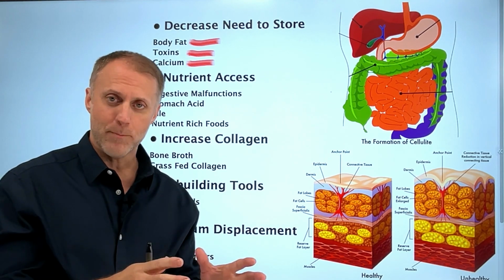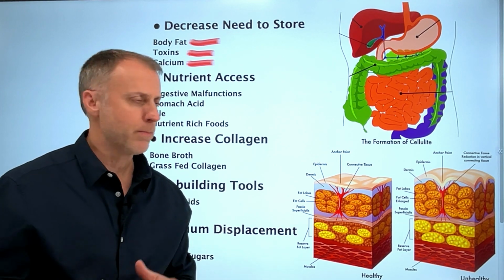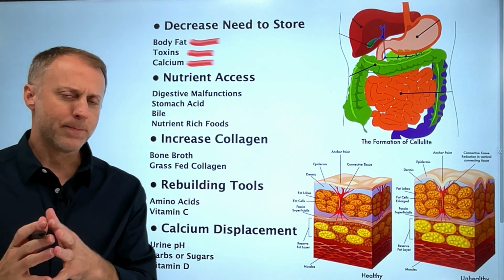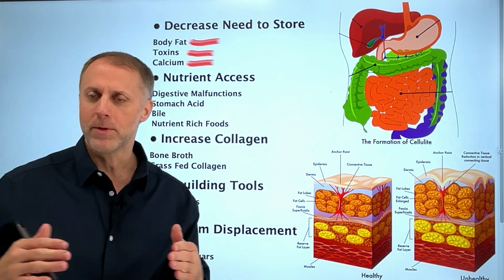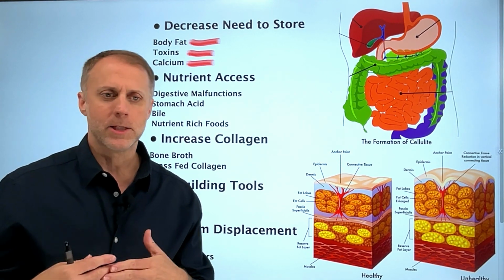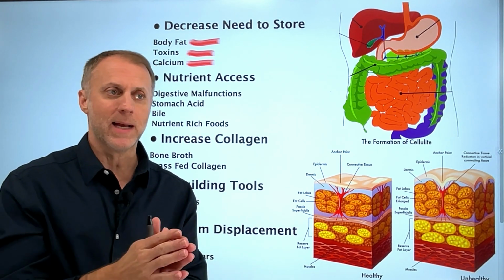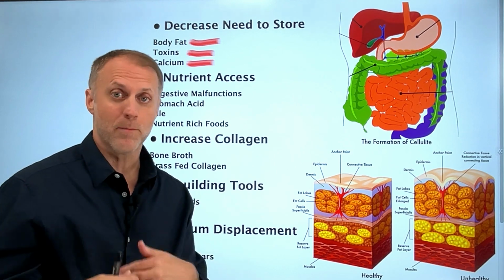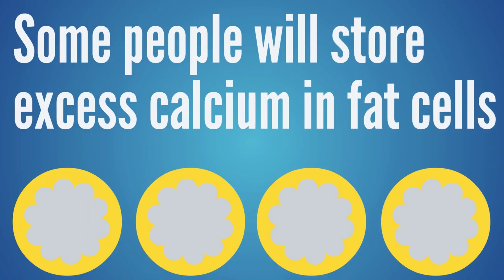So it can be very problematic, and I'll put some links to some studies and information in the description below about that. But what's important to understand is that when the calcium is too high in the bloodstream, the body will do what it can to move some of it out. So you might pee out a lot of this calcium, and then somebody might deal with things like kidney stones from peeing out too much calcium. But some people will store some of this in fat cells.